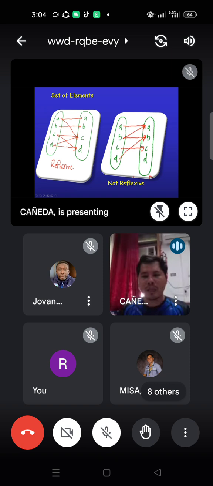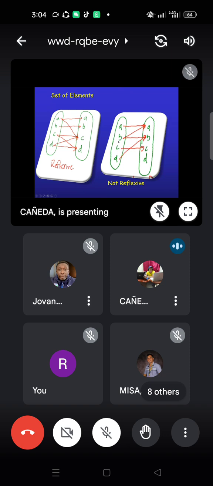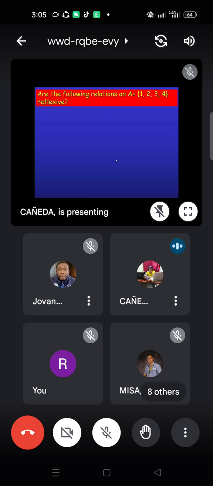A maps to itself, B maps to B, C maps to C, but there is one element in the domain which is not mapped to itself, which is d. So this is not reflexive.